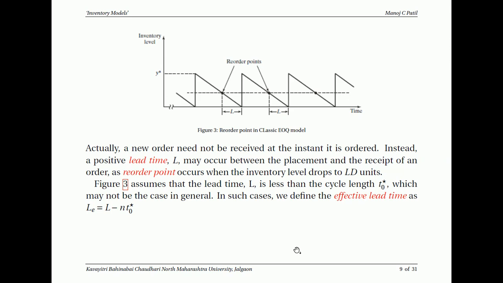Suppose for 1st June I ordered and I got the delivery on 15th July. On 1st July I will again order, and I will get it on 1st August. Likewise, that difference will be reduced and the effective lead time will be reduced. For example, on 1st July I got the order of 15 July, which I ordered on 1st June. So the effective lead time is only 15 days.